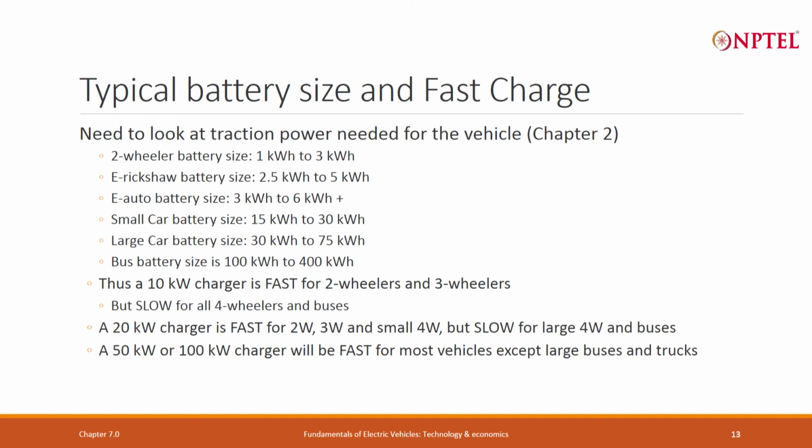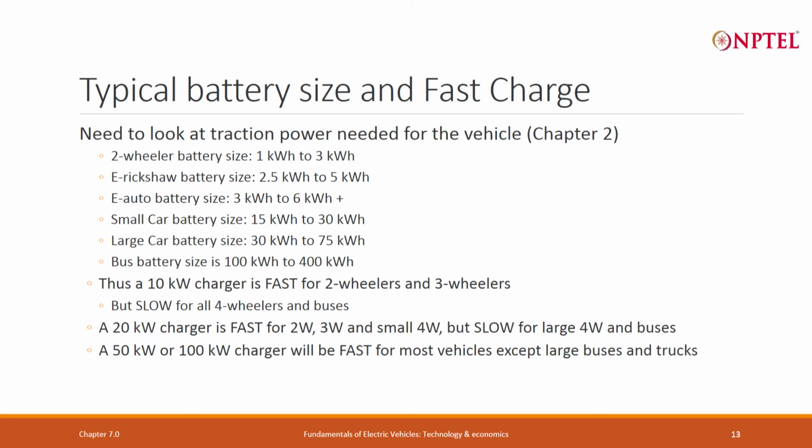So, for EVs, typical battery size and fast charge. For example, typical two-wheeler battery size can be 1 kilowatt hour to 3 kilowatt hour. So, what does it mean? If you put a 2-3 kilowatt battery charger or even higher, of course, it is a fast charge.